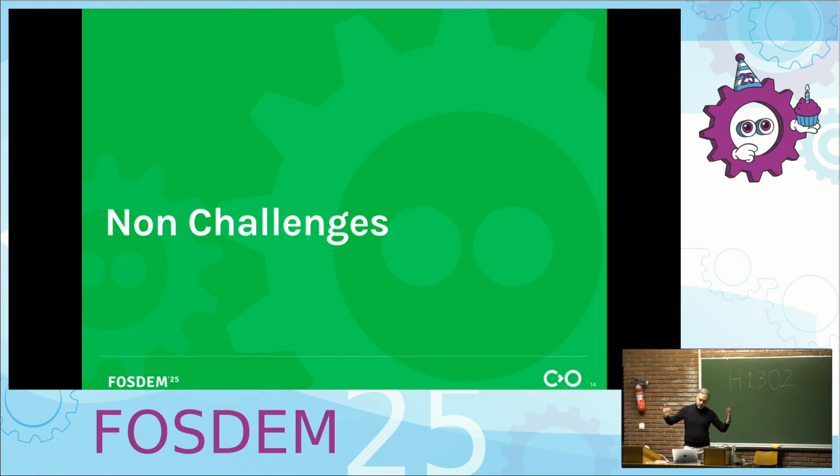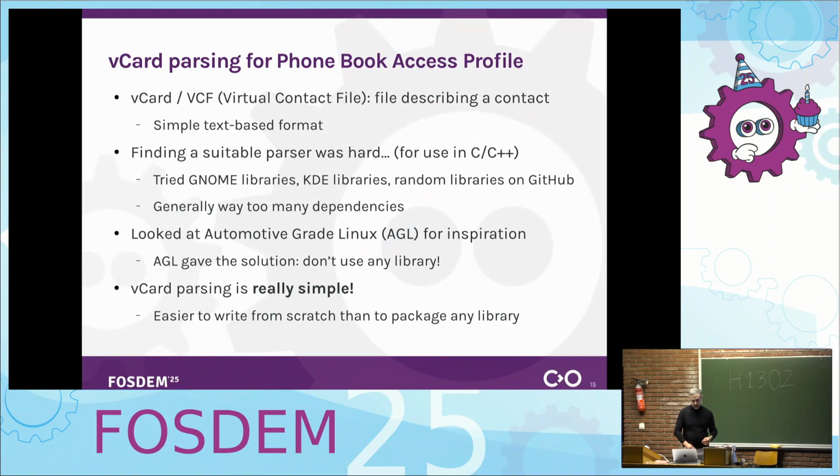And some non-challenges, something that we thought was a challenge, but it wasn't eventually: vCard parsing. So vCard is the file that describes contacts. When you download contact lists from the phone, the contacts come as vCard files. And initially we thought, okay, we need to find a parser for this. We looked at parsers. We found parsers in GNOME, in KDE, other places on GitHub.